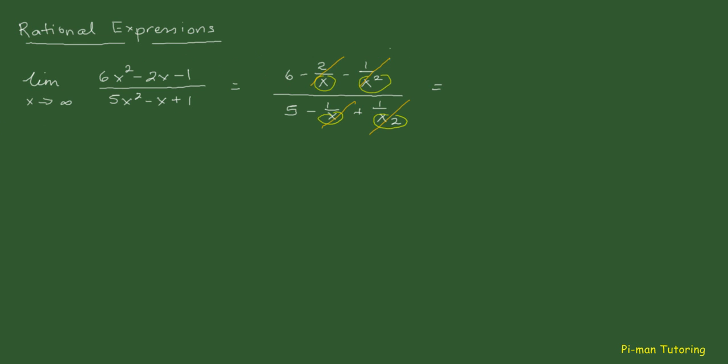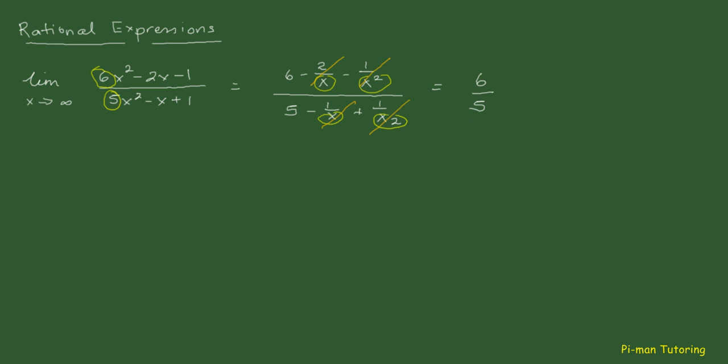And so as x tends to infinity, this rational function will tend towards 6 over 5, which is just the ratio of the leading coefficients in this rational function. And this is always the case when the degree of the numerator matches the degree of the denominator.